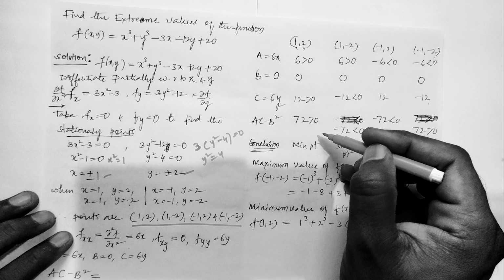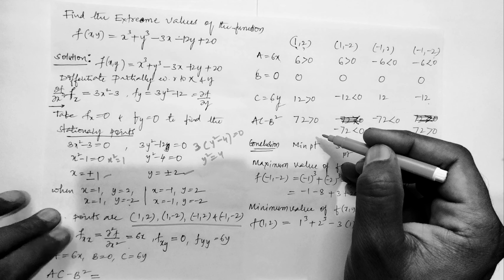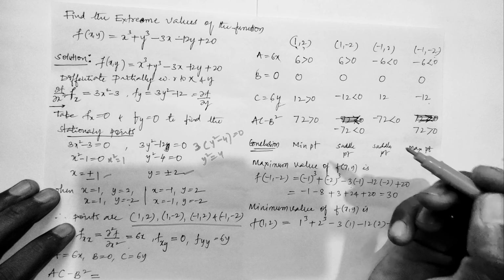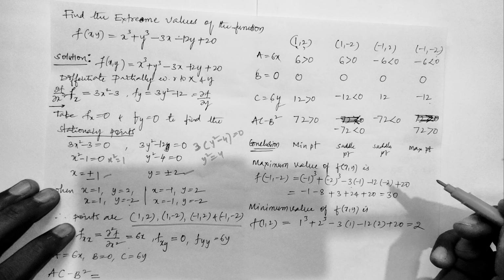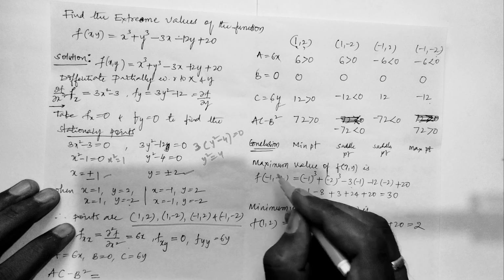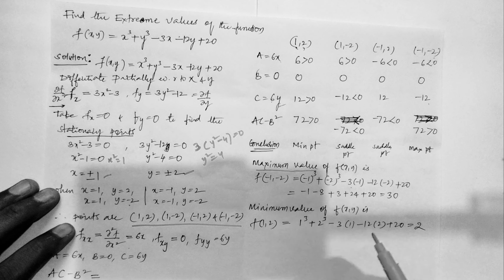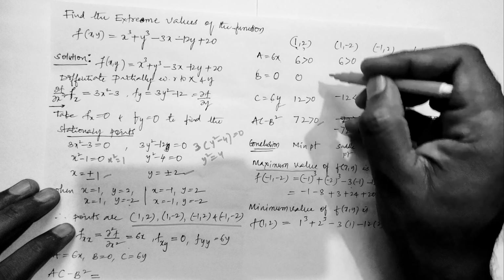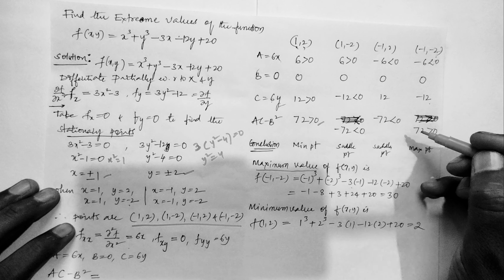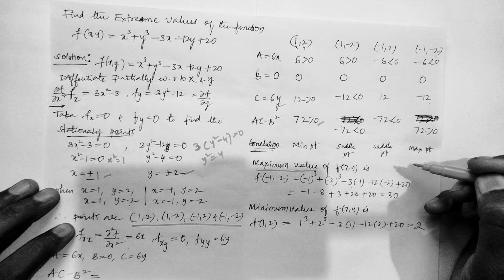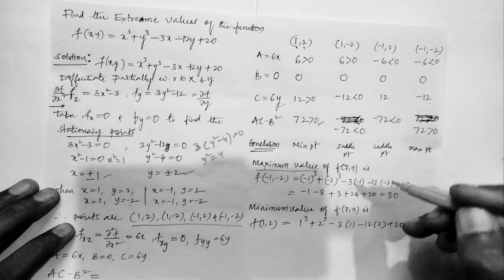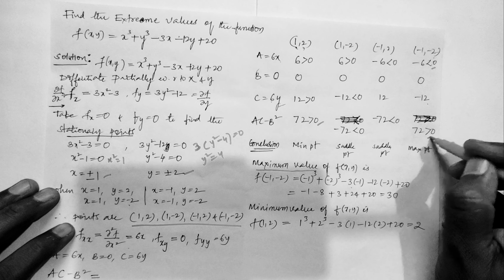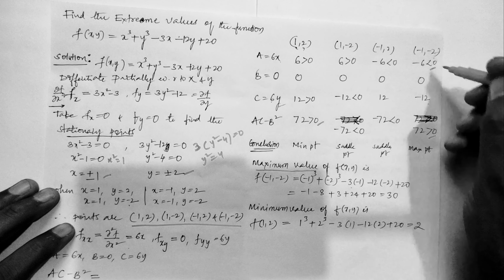And you can look at the condition for a minimum point as well as a maximum point. What is the maximum value? For a maximum, the value of AC minus b square is greater than 0 and A value is less than 0.